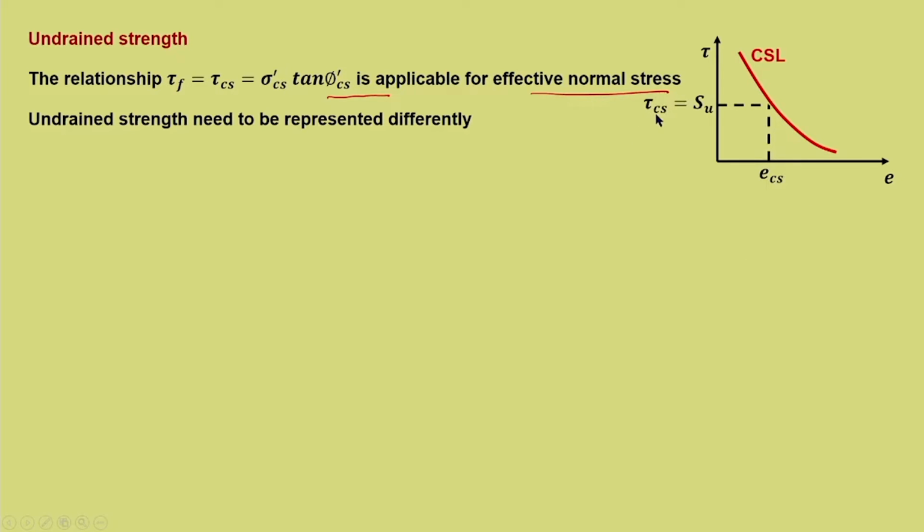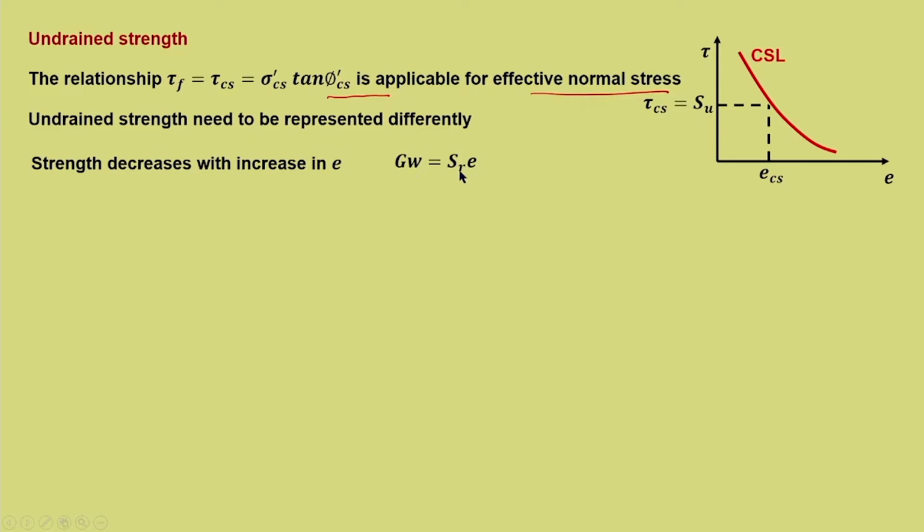Now here in the case of undrained shear strength, we have tau_cs, that is the critical state strength, equal to undrained shear strength, and the void ratio corresponding to that is e_cs. Now we can see here that strength decreases with increase in e. There can be Su here, there can be Su here. So as e increases, the value of Su comes down. Now we know the relationship Gw is equal to Sr into e.